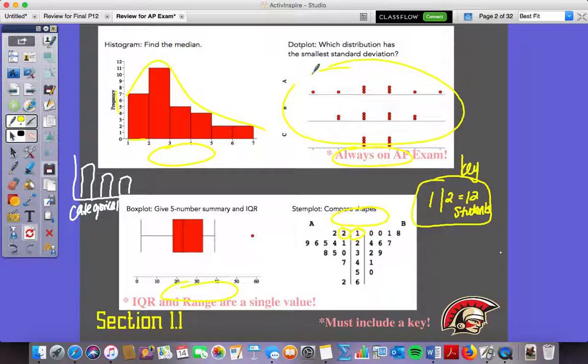Remember, anytime I'm comparing a quantitative measurement, we go into what we call SOCS: shape, outliers, center, spread, and make sure that we also add context to it.